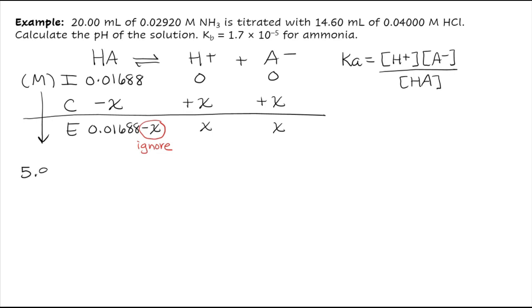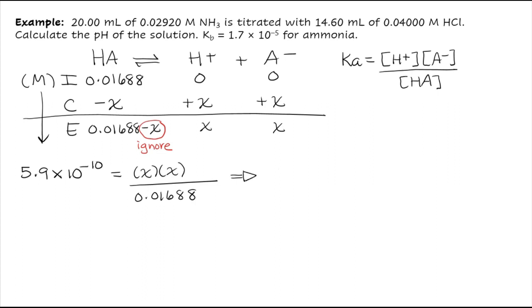That was 5.9 times 10 to the negative 10 equals H plus, which is X, times A minus, which is also X, divided by HA, which is 0.01688, because we're ignoring the change in X momentarily.